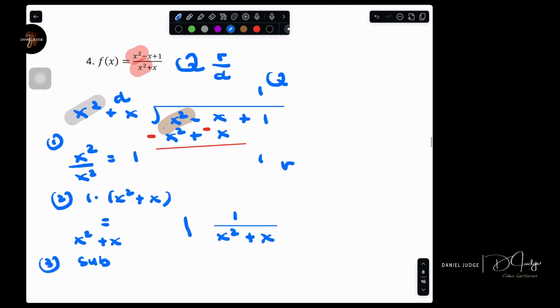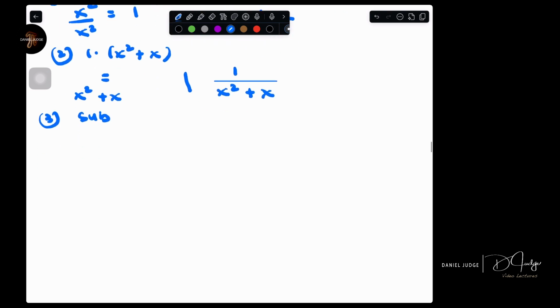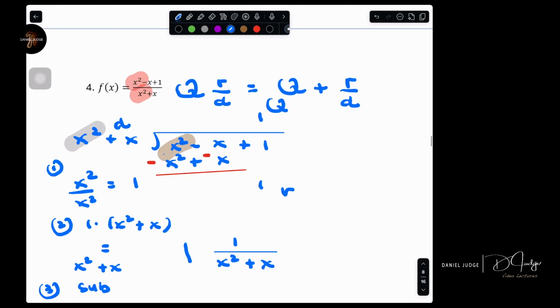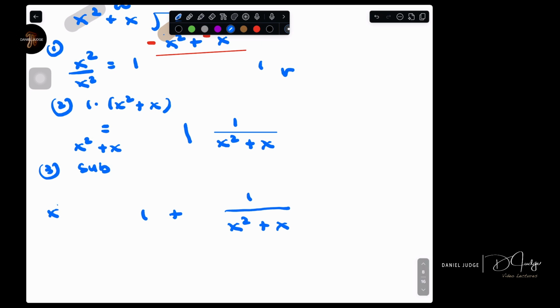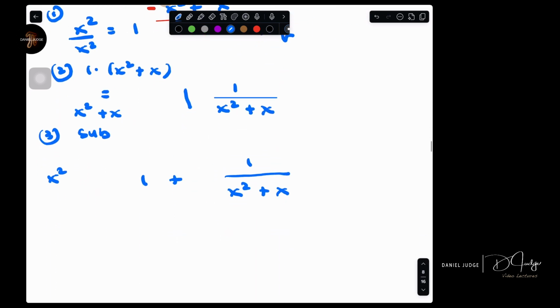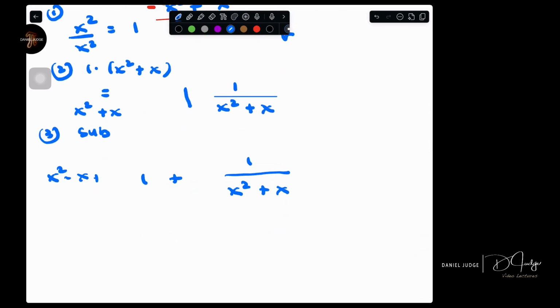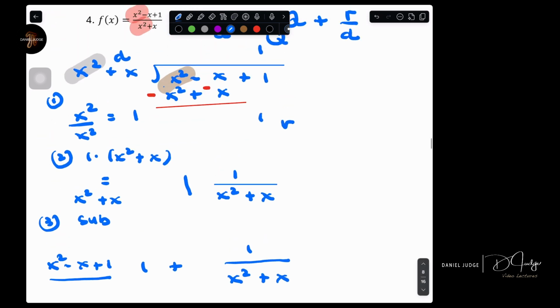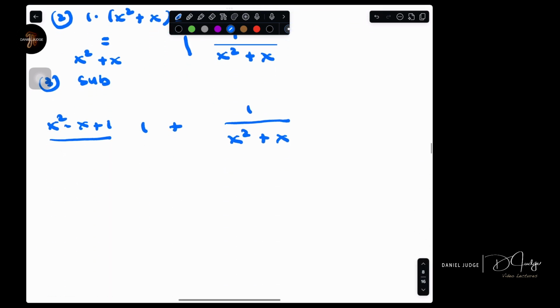Now, every mixed number is really, by definition, a whole number plus a fractional part. So you have 1 plus 1 over x squared plus x, and that's representing the original x squared minus x plus 1 over x squared plus x.